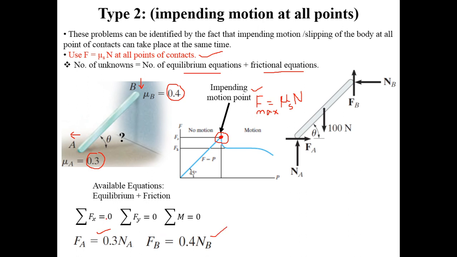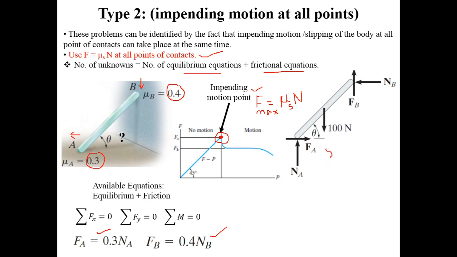So you have altogether 5 equations, out of which 3 are the equations of equilibrium and 2 are the equations of friction. You must have 5 unknowns now. So let's count the unknowns here: 1, 2, 3, 4, and this theta is 5.